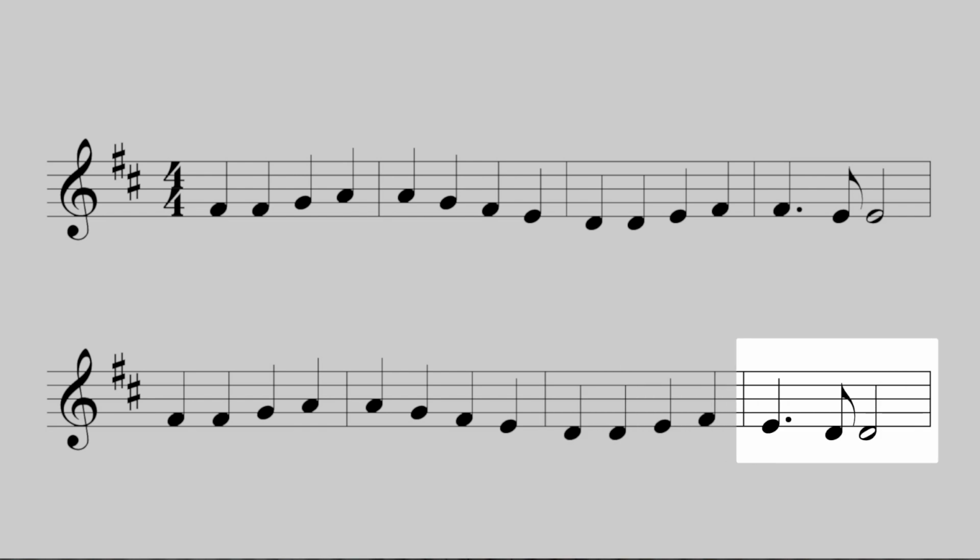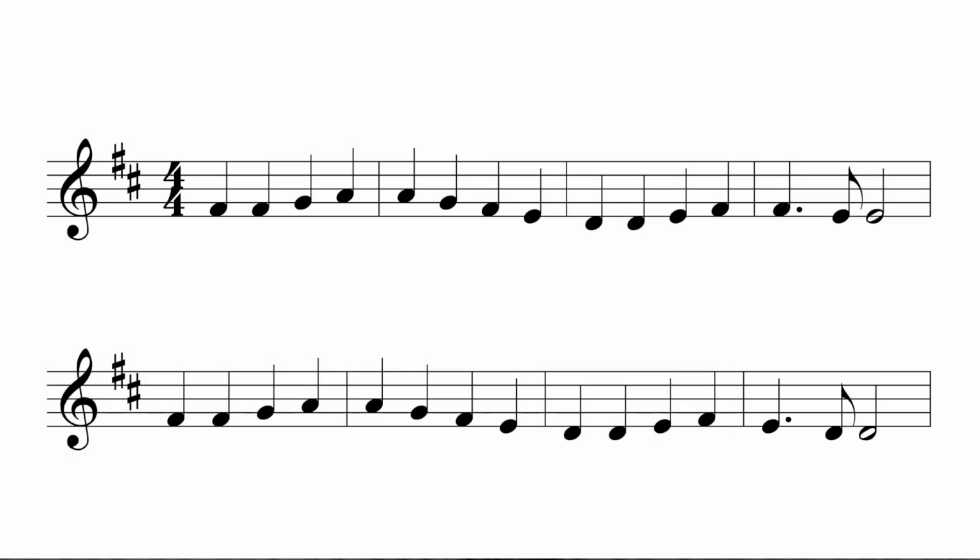That second phrase, which was parallel, gave the answer by having that more final sounding ending. To create a question and answer phrase, simply end the first phrase on a note other than do, or your tonic. And then to have a phrase sound like an answer, try to end on tonic.